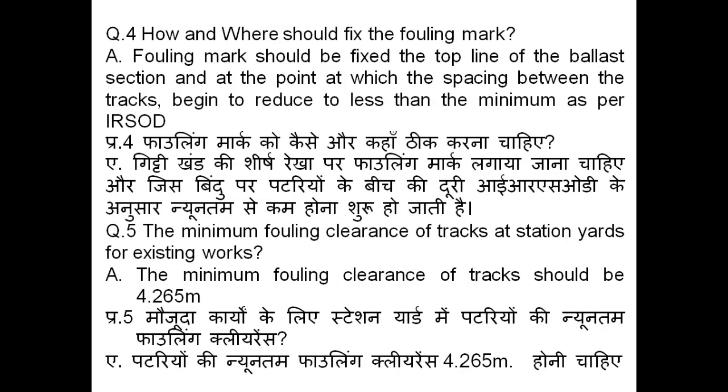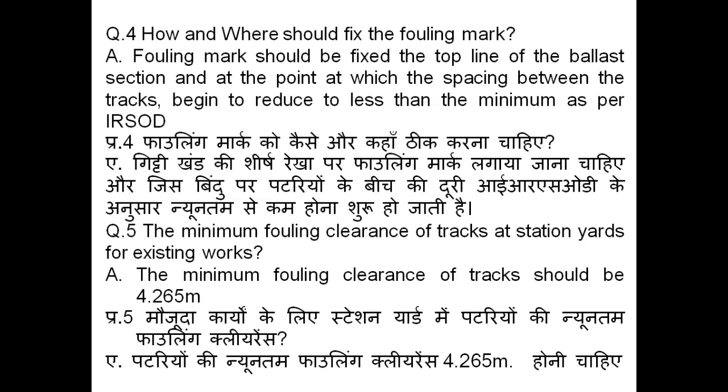How and where should the fouling mark be fixed? The fouling mark should be fixed at the top of the ballast section and at the point at which the spacing between the tracks begins to reduce to less than the minimum as per IRSOD.